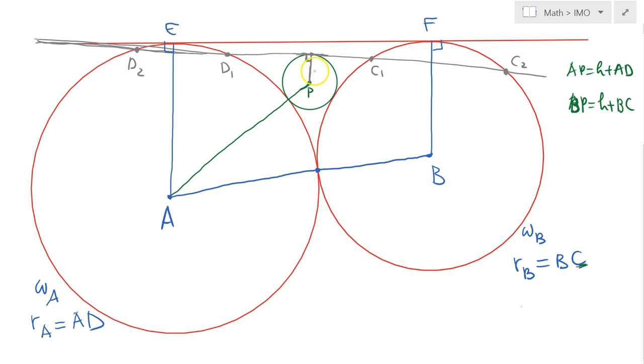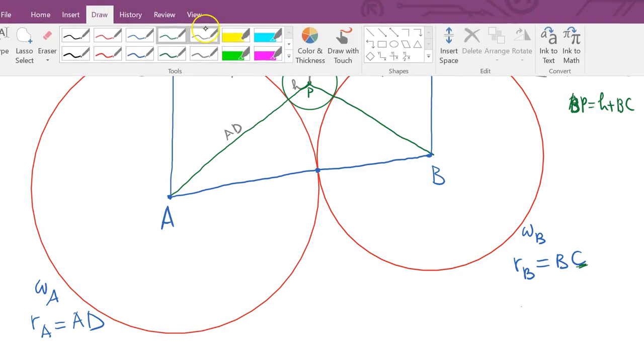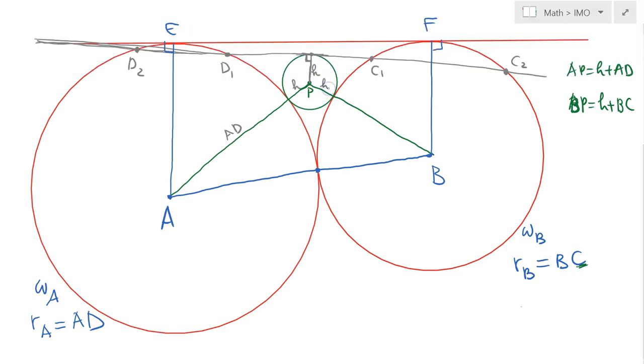So this green circle has radius h, and this distance here is AD, and in a similar way, if I connect this point with this, again we have this point, this distance is h, and this distance is BC. So therefore point C is one of them, either C1 or C2, two choices, and in a similar way point D has two choices as well.